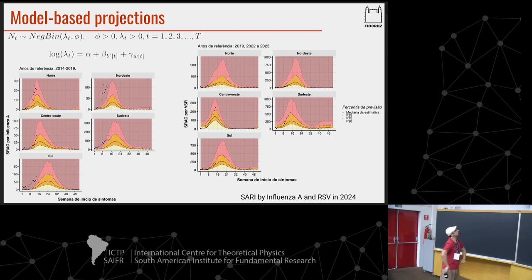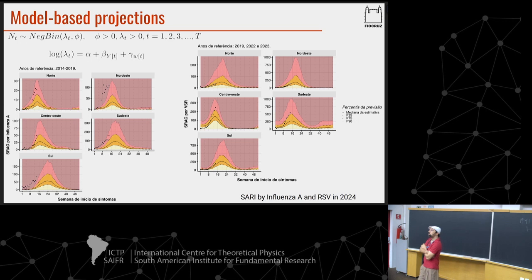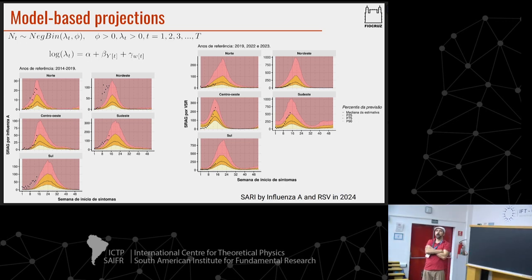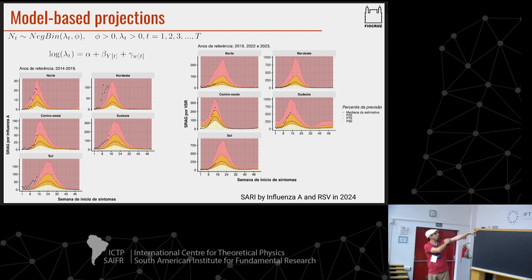And what we see is that, well, for influenza A, let's look again at the south region. What conclusions might you extract by looking at that graph?